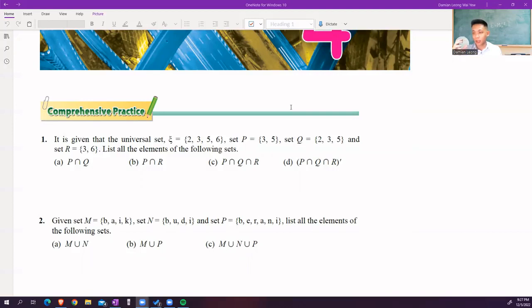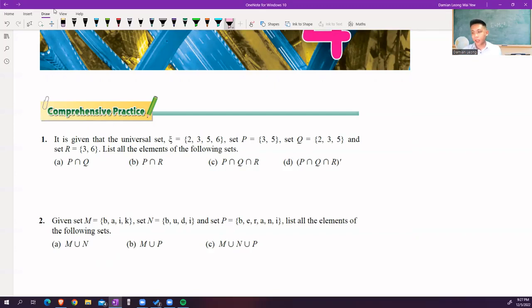When I want the intersection, it is the elements that both sets, or all three sets, have in common. Complement means everything outside of it, everything inside the universal set but not in whatever you complement.